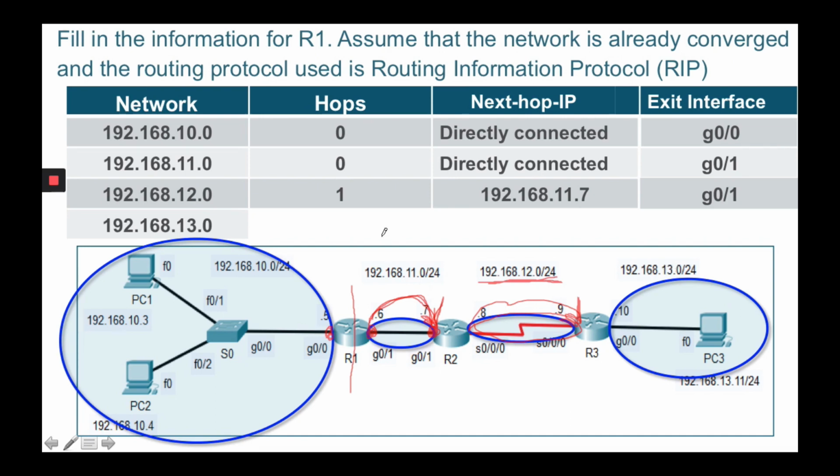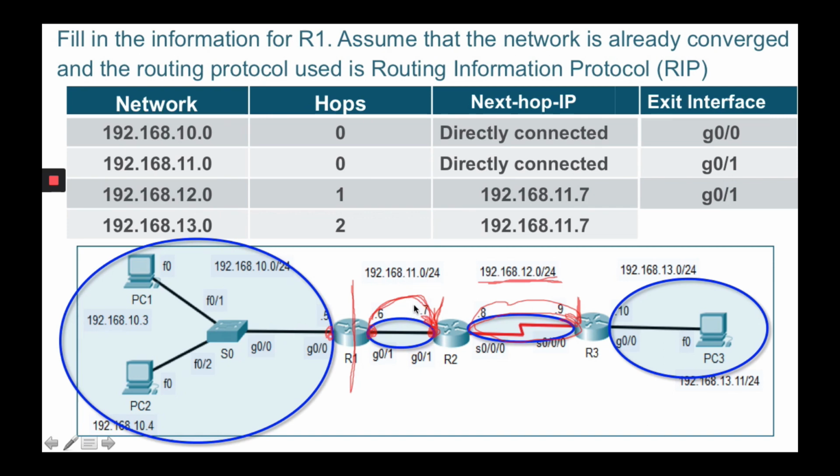So your answer for the number of hops is 2, and for the next hop IP you must always refer to your router R1 perspective. This is your R1, and your next hop IP address is to reach router 2 with the IP address 192.168.11.7.